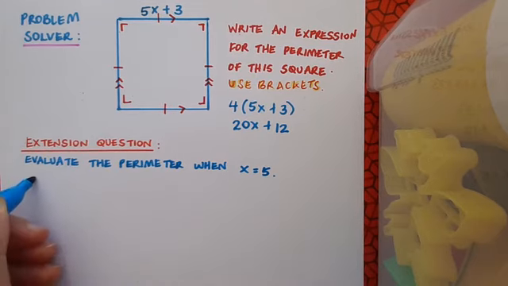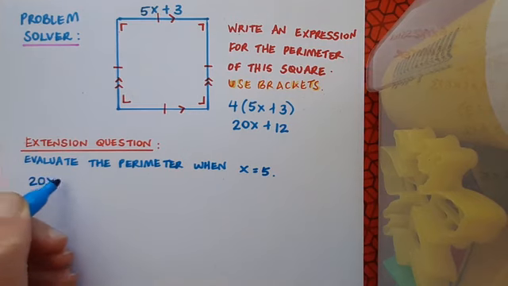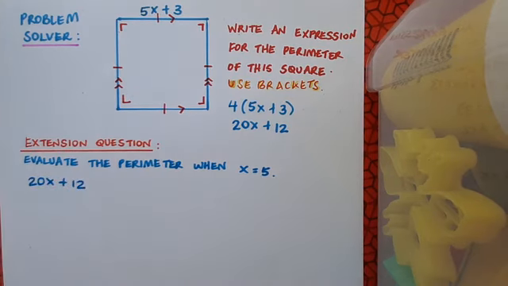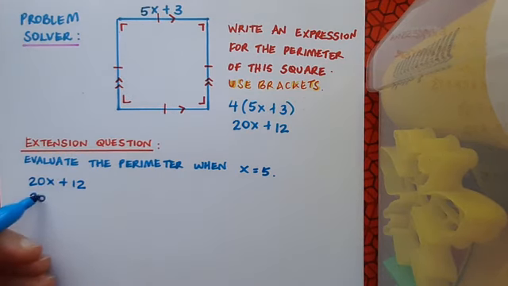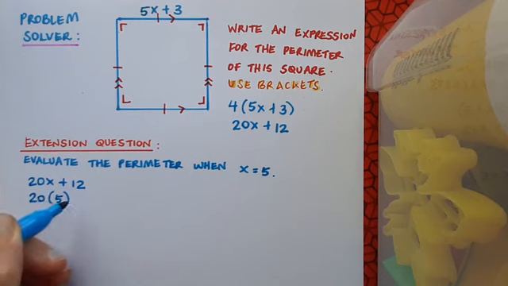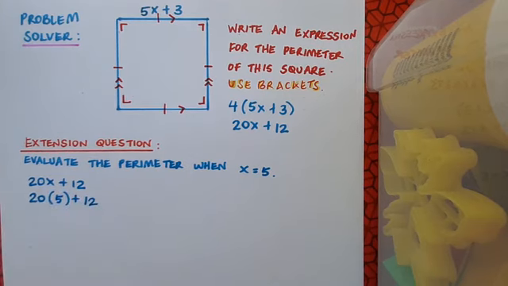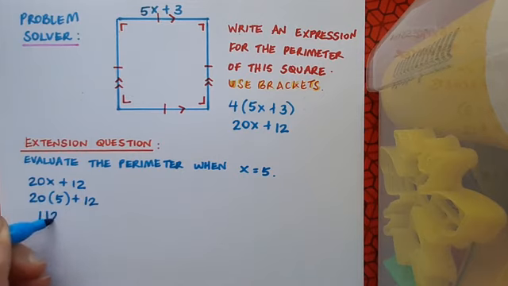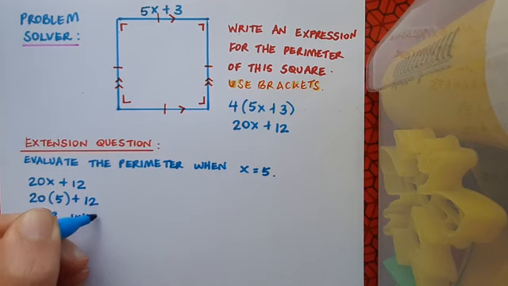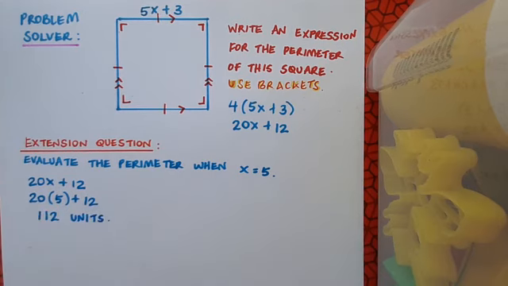Well, I know the expression for the perimeter is 20x plus 12, and I'm being told to use x equals 5, so I'm just going to use substitution and replace the x with 5 in brackets. And I can then evaluate this, and it's going to give me an answer of 112. I don't know what it's been measured in, if it's centimeters or meters or something else entirely, so I'll use units at the end of my answer.